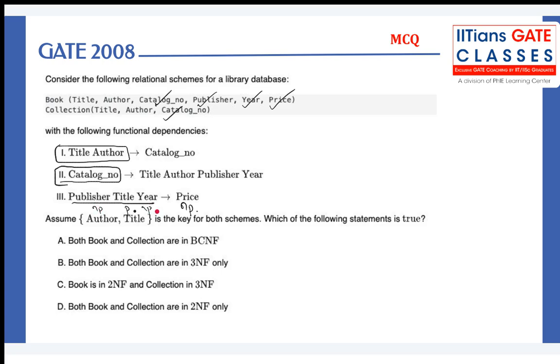Okay, is the table in 3NF, which also means can you find out a non-prime to non-prime functional dependency? If you can find one, then the table is not in 3NF. So is there something like that? I can see it directly from here.